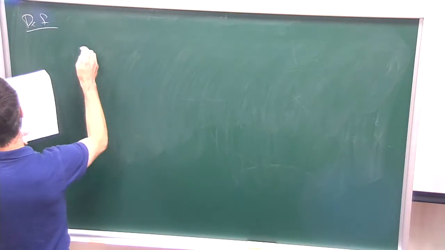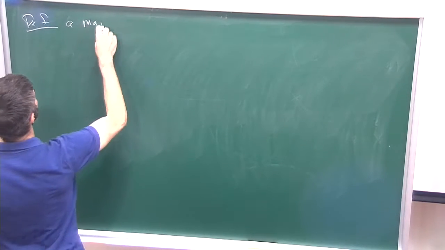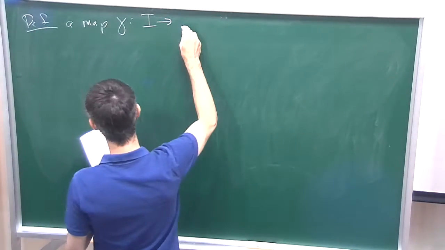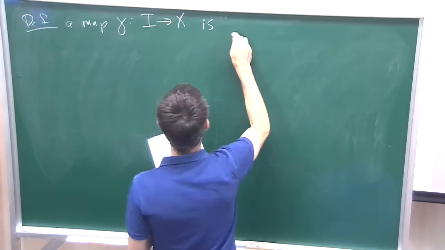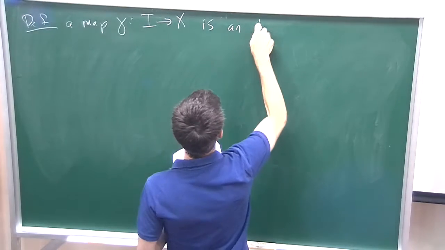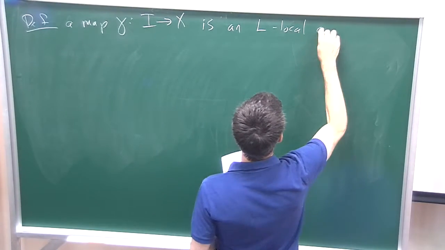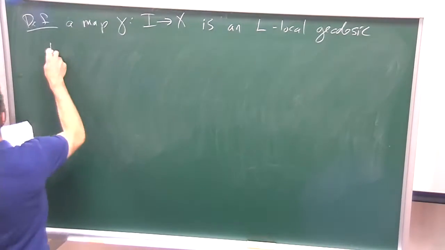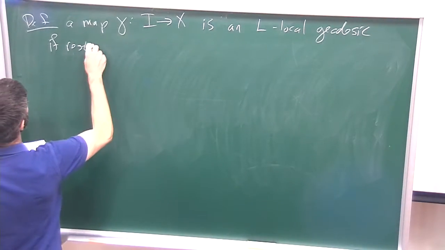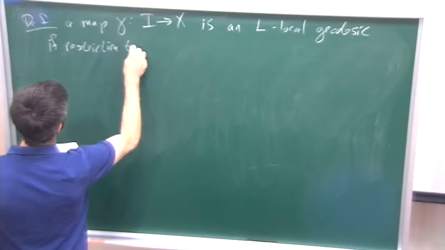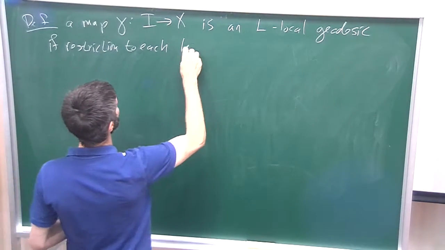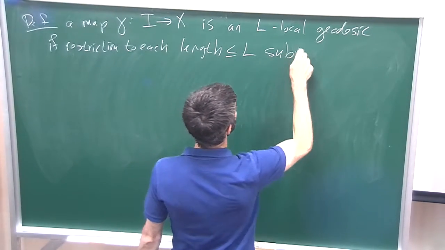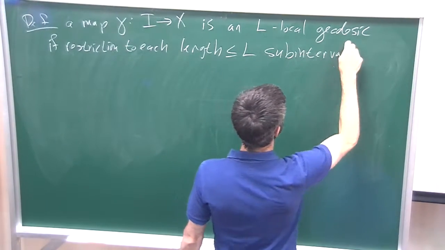A map is an L local geodesic if its restriction to each subinterval of length at most L is a geodesic.